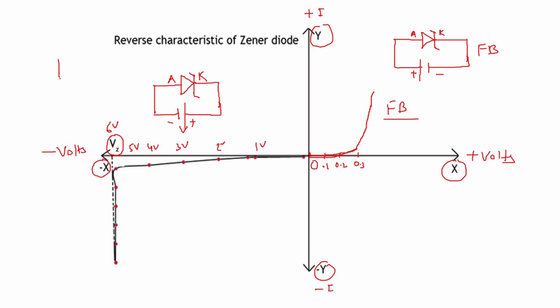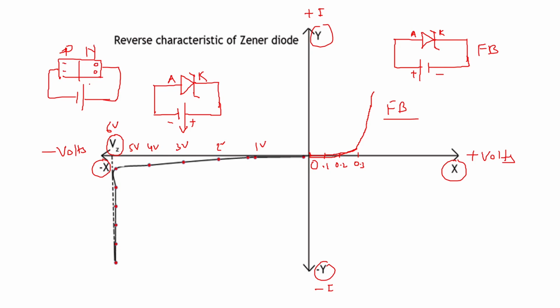For example, if you show here, you will have P and N. This will be P-type material. This will be N-type material. You have a reverse bias connection. In P-type, the minority charge carriers will be electrons, and in N-type the minority charge carriers will be holes.